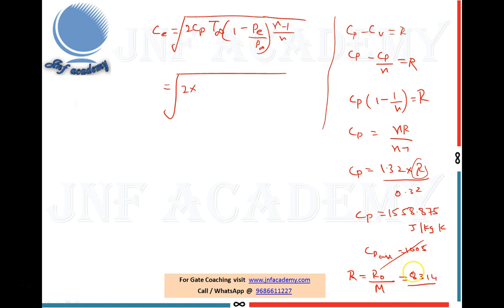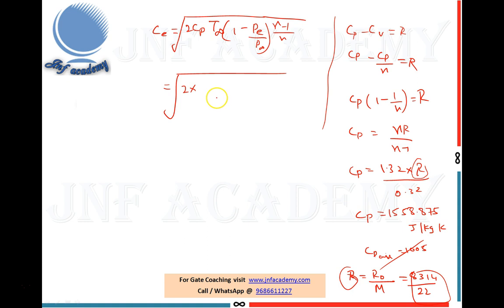The molecular weight of the gas is also given, I think it's 22. So 8314 divided by 22 is your R. Substitute that R here. Don't substitute the universal gas constant, that R is different. The universal gas constant divided by its molecular weight gives you the local gas constant. Then you will get the Cp to be 1558.875.